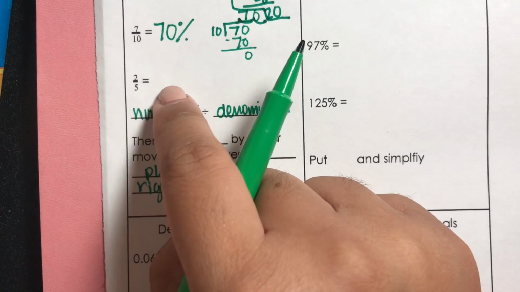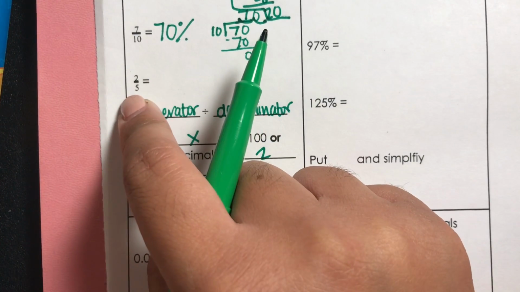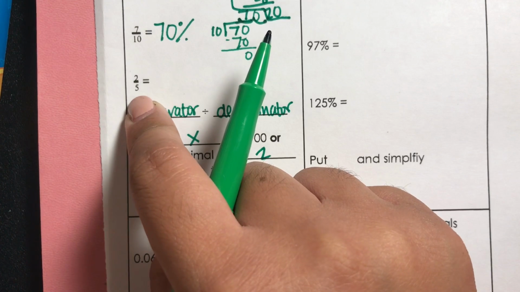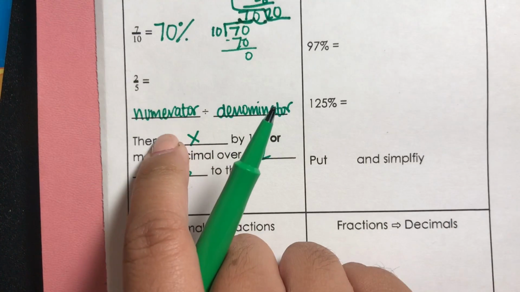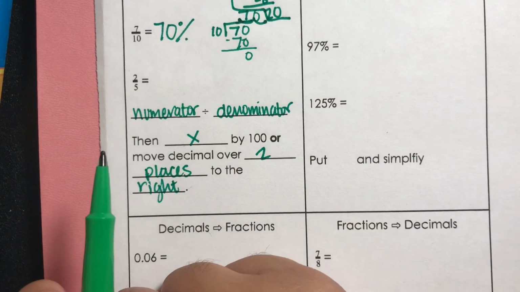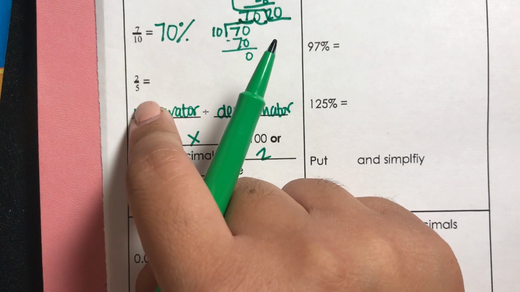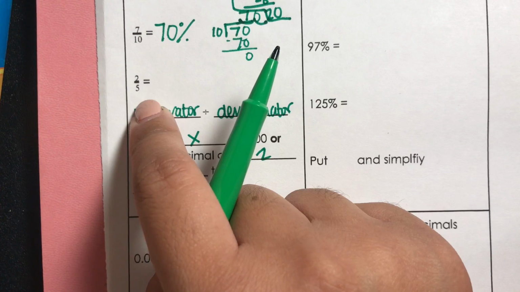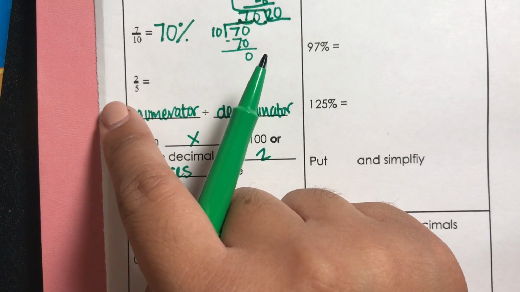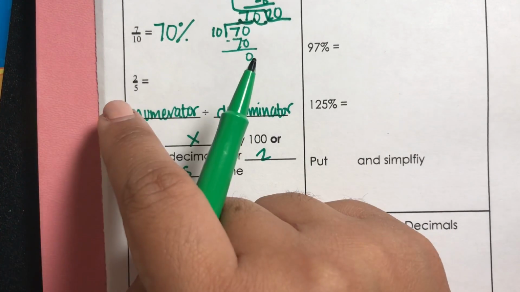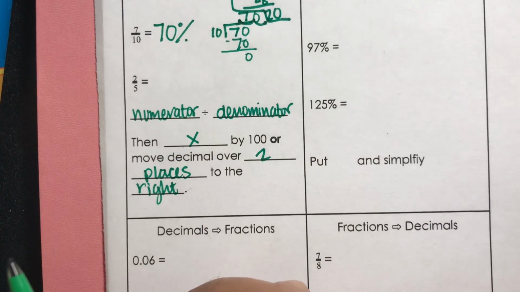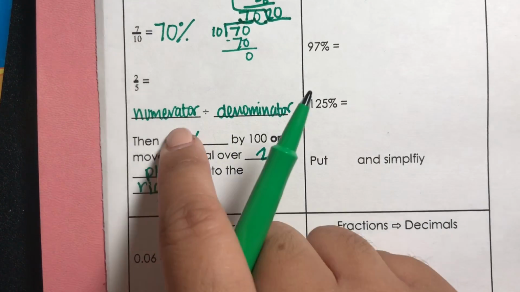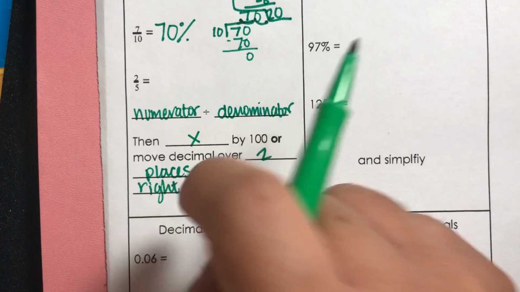Okay, so now before I go into 2/5, I want you to try to do it on your own. Divide the numerator by the denominator, and see what number you get before I do it, and then check your answer with the video. So go ahead and pause the video, do it on your own, then start the video up again after you've done it. Okay, so you should have already done this on your own.